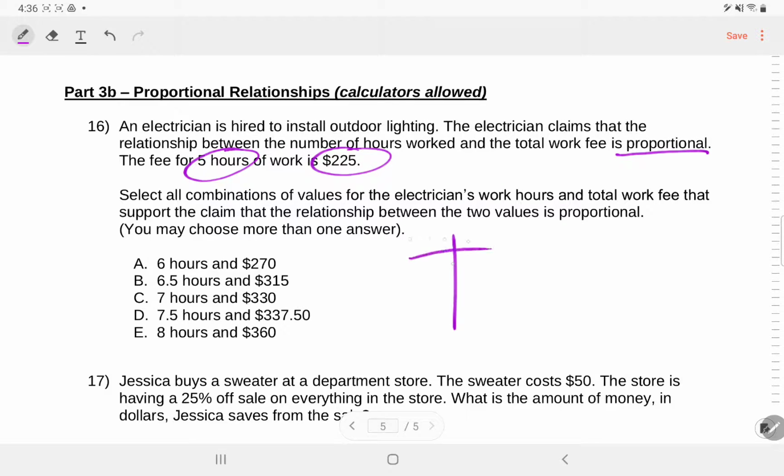So we say hours is our X and dollars is our Y. We have 5 hours for $225.